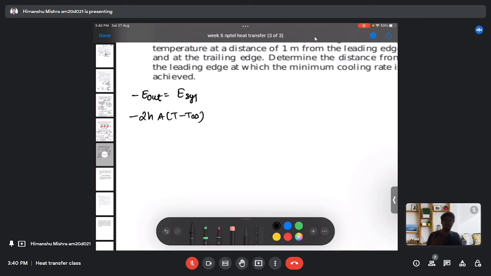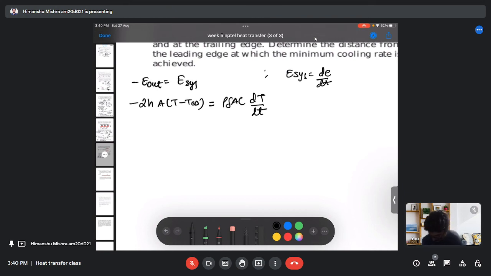This strip will lose energy by convection, and the energy in the system can be given as dT/dt. So this will be the rate of temperature variation with time.